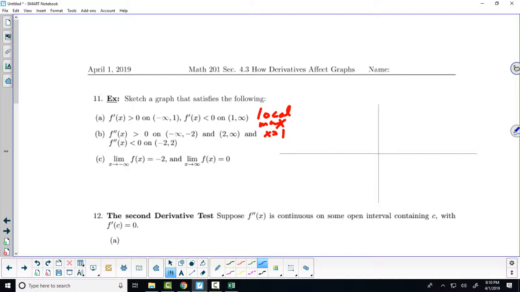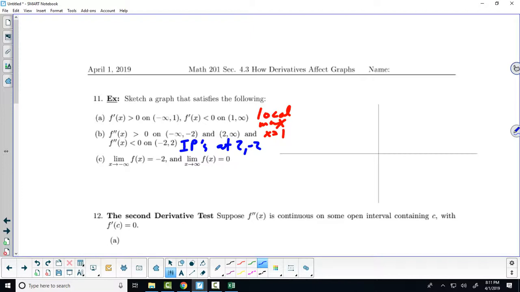That weird thingy. Well, before we get to -2, we're concave up. And after we leave -2, we're concave down. So at -2, we've got an inflection point. Same thing at 2. So you've got to have inflection points at those two locations.